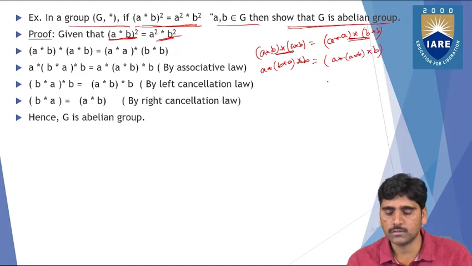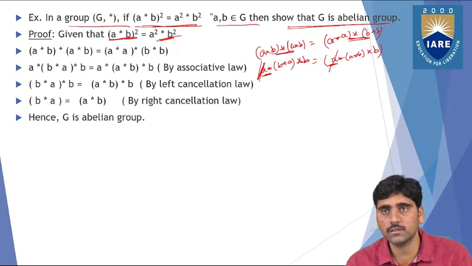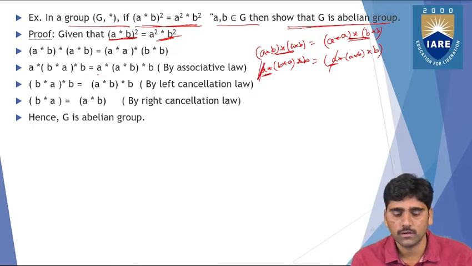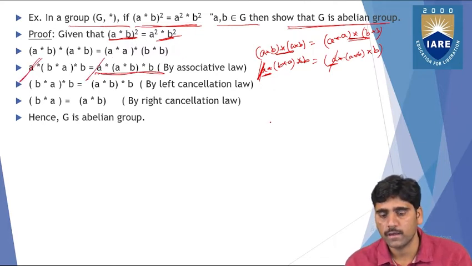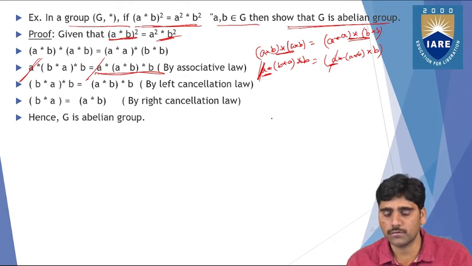And here you can see that by using the left cancellation law, you can cancel the a on the left side. So after cancelling the left values, what you get is b * a * b equals a * b * b, right?